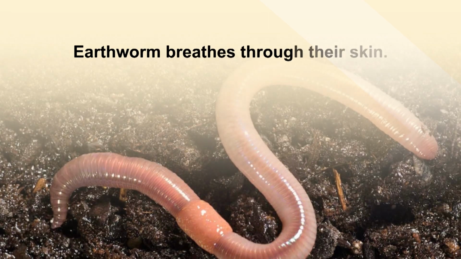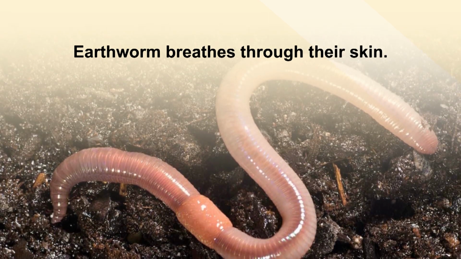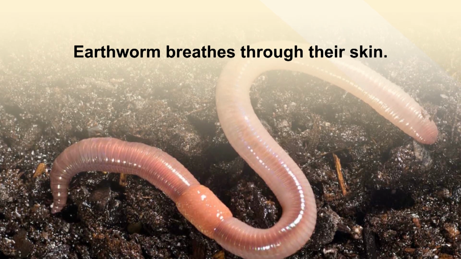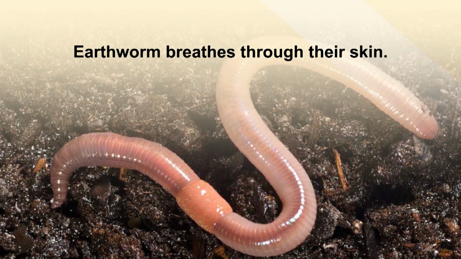Next is earthworm. In the earlier chapter, we read that earthworms breathe through their skin. On touching, you can feel that they possess moist slimy skin, which facilitates the movement of gases.